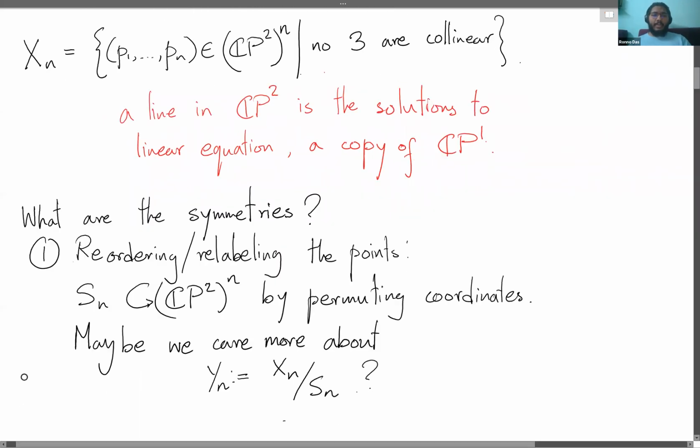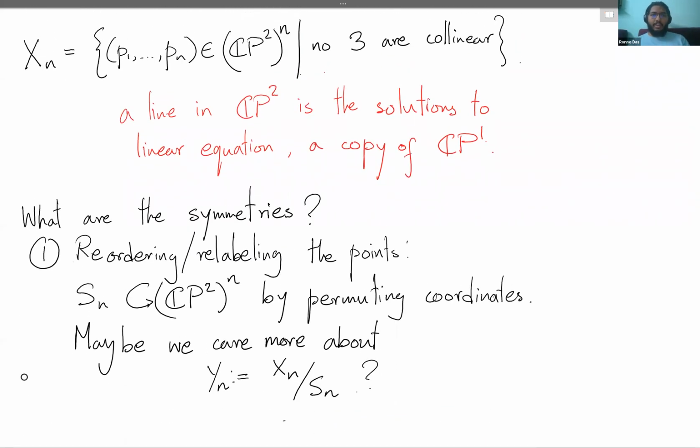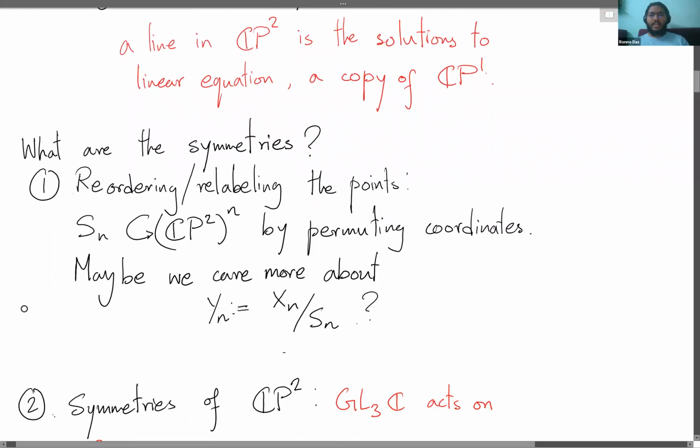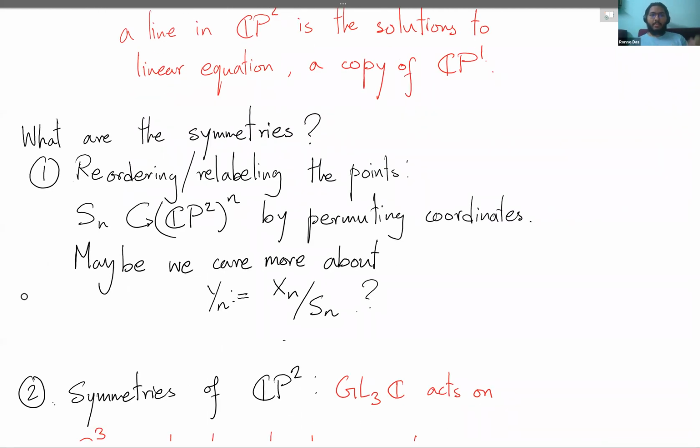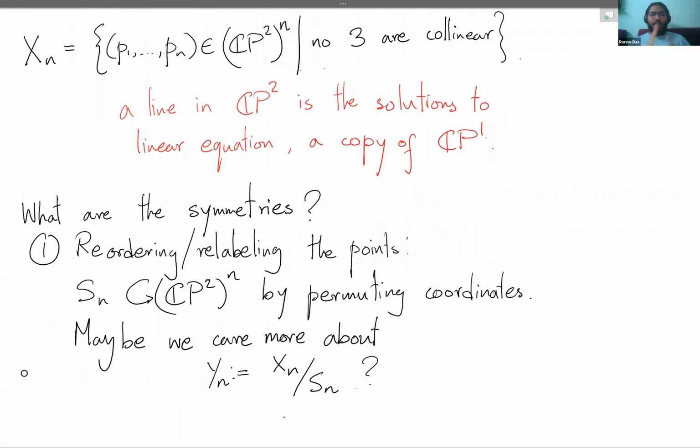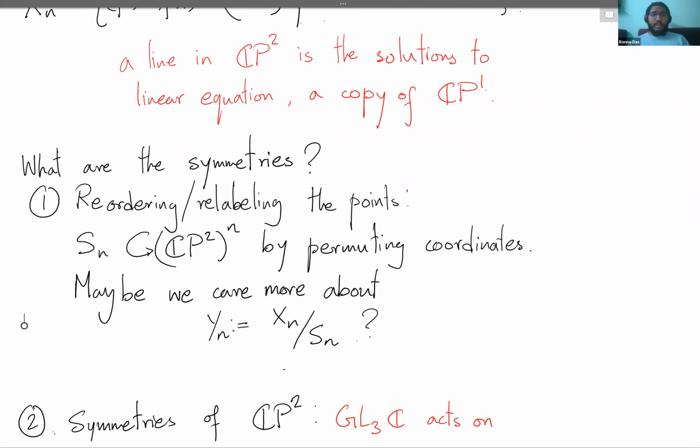Well, I chose my space to have tuples of points, so I can obviously reorder them. I chose a labeling of the points P1 through Pn. I can switch, say, P1 and P2. Maybe you don't want to think of that as a separate collection of endpoints. So there's this choice of ordered versus unordered, or labeled versus unlabeled.